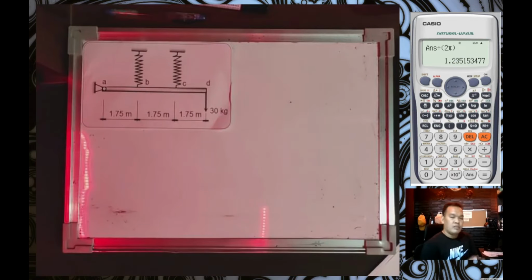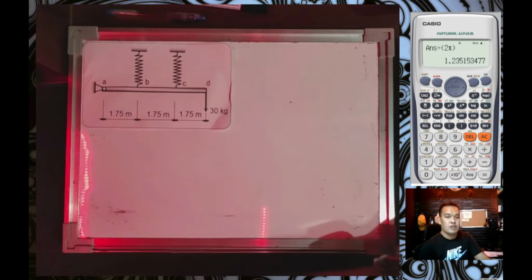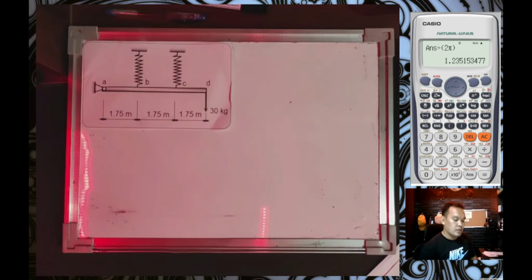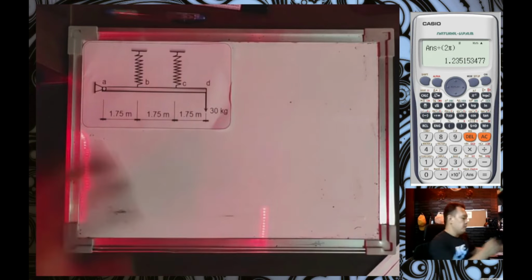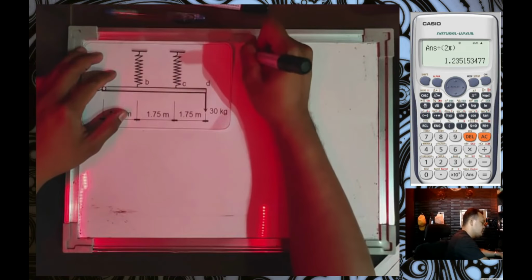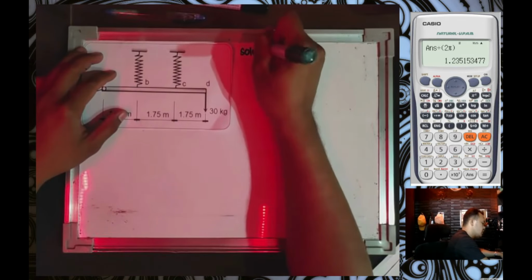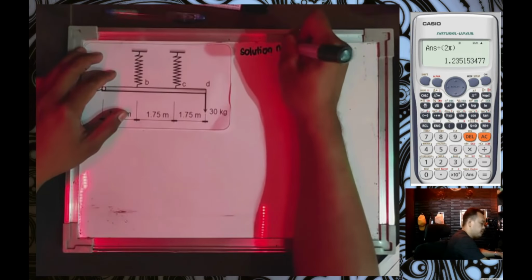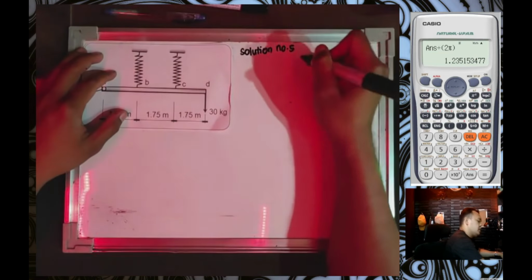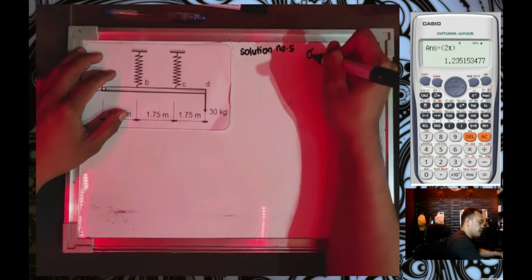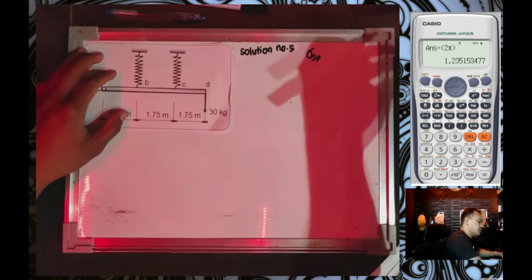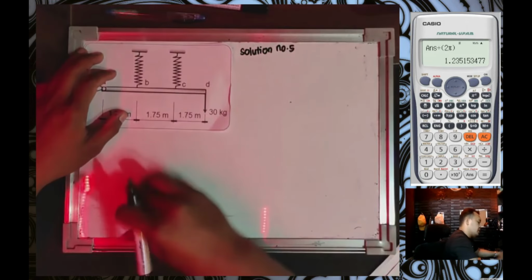Then, take note that the formula for our spring, yung stress at spring is equivalent kay 64, wait lang, sulat na lang natin. Solution number 5. Stress at spring, take note natin ha.